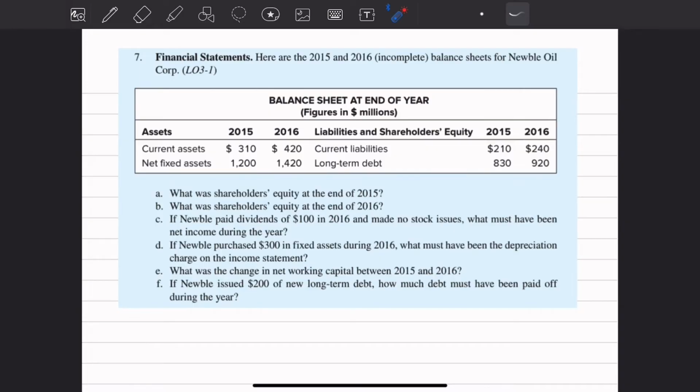Starting with the first requirement, A, what was shareholders' equity at the end of 2015? To do this part, we're going to refer back to the shareholders' equity formula derived from the basic accounting equation. Let's write it down here at the bottom.